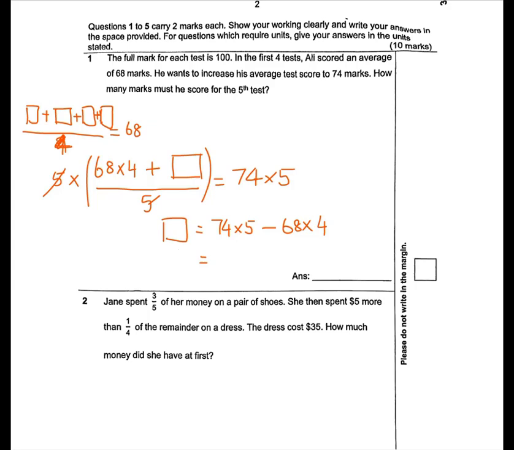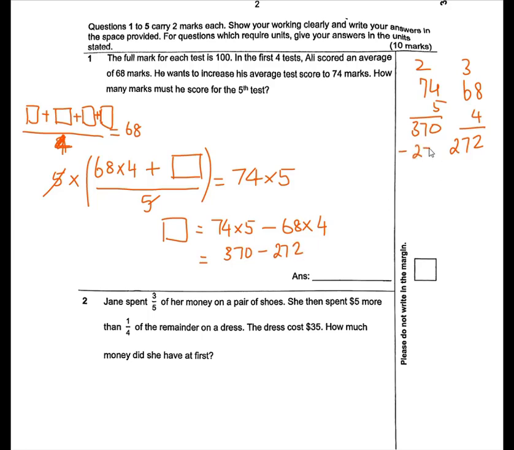And that is equal to, what is 74 times 5 here? 370 minus 68 times 4, 272.